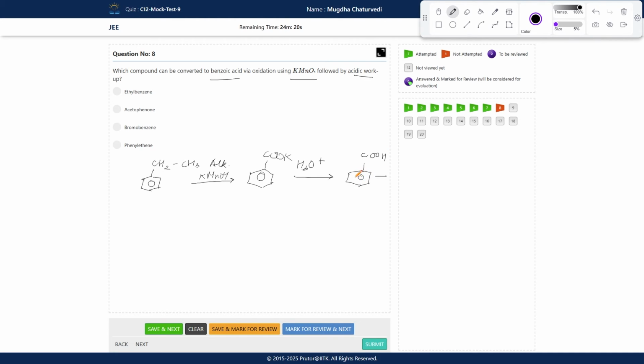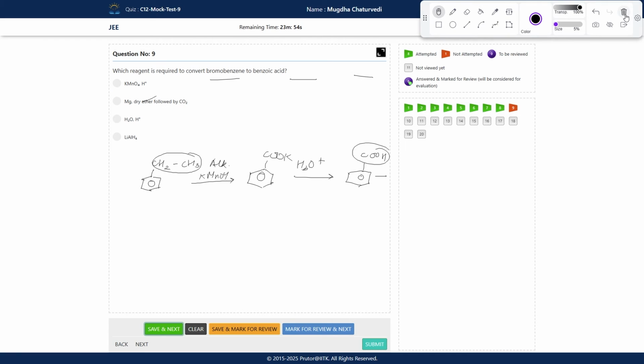This alkyl side chain is oxidized to a carboxylic acid. So in this case the right option will be ethyl benzene. Ethyl benzene can be converted to benzoic acid by oxidation using KMnO4 followed by acidic workup.